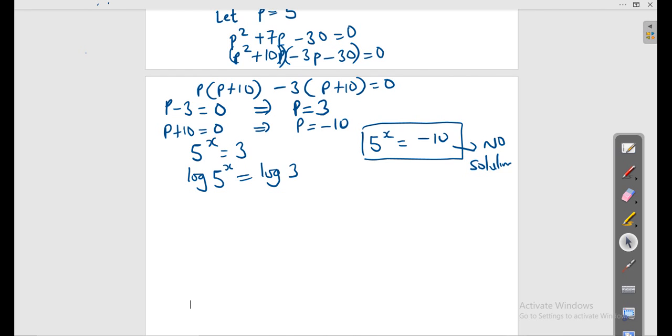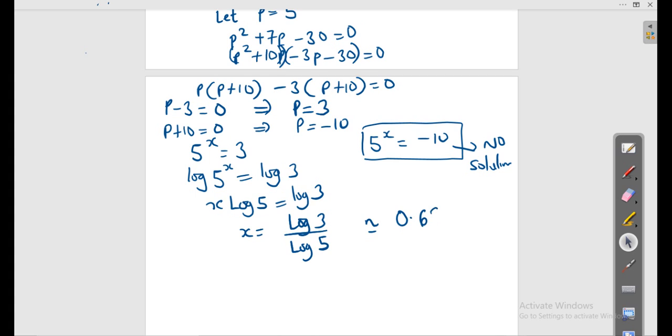And that gives us x log 5 equals log 3, which means that x will be what? Log 3 over log 5. And what will be the result of log 3 over log 5 to 2 decimal places? That is approximately 0.68.